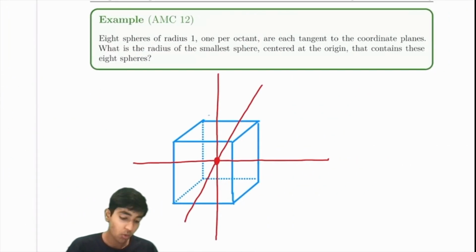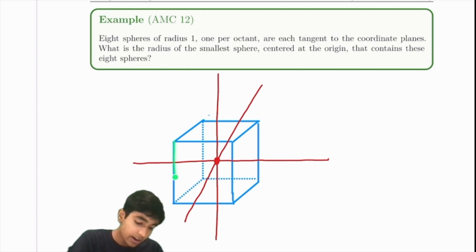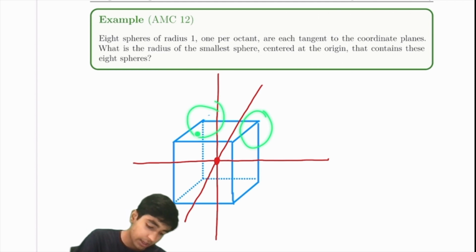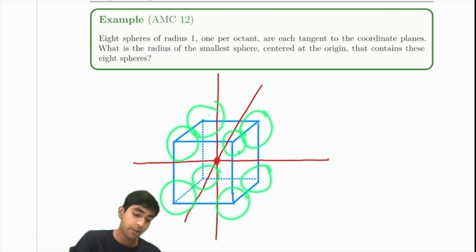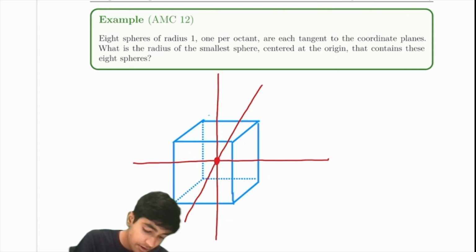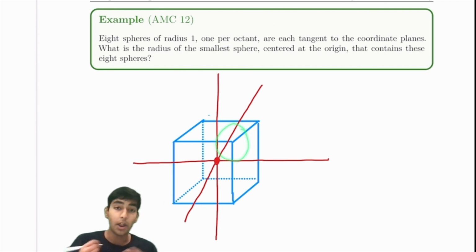Over here, what we're going to do is, instead of a square, now we have a cube. And we can imagine that each of these 8 spheres is centered at each of these vertices of the cube. There's 8 vertices of the cube. There's 8 spheres that are going to be there. Each one is centered at the cube. And they are tangent to the coordinate axes with radius 1.